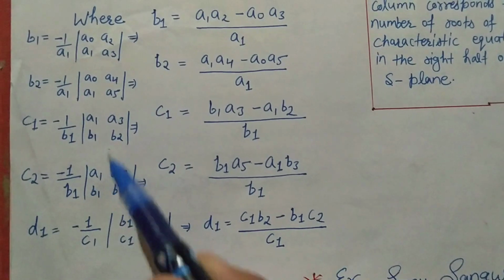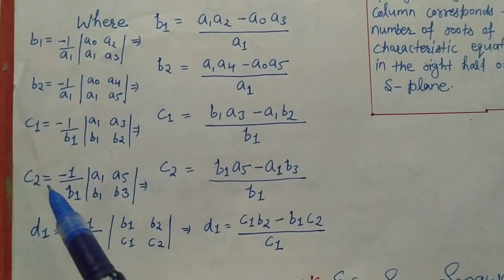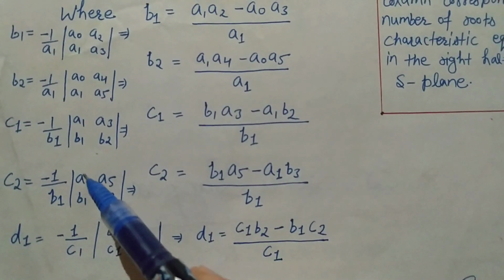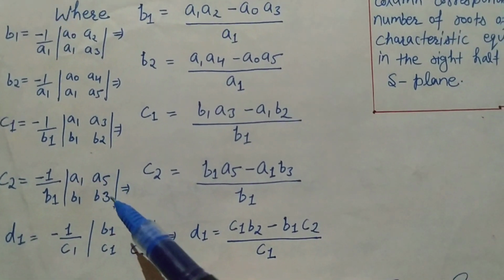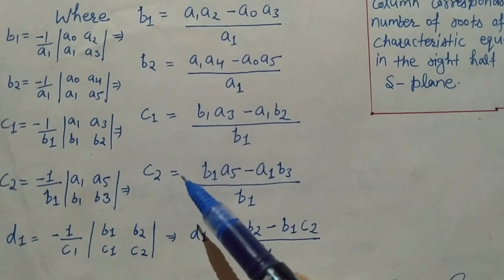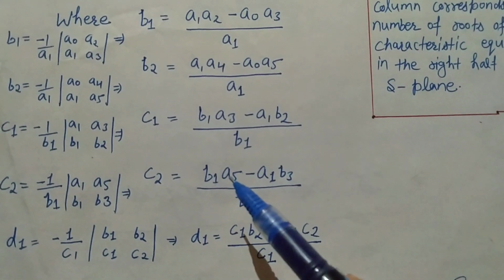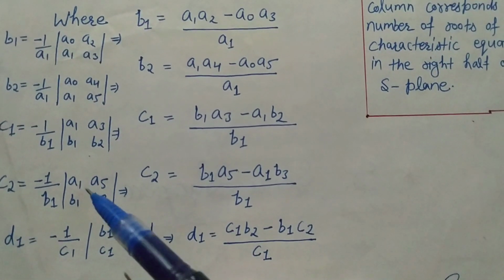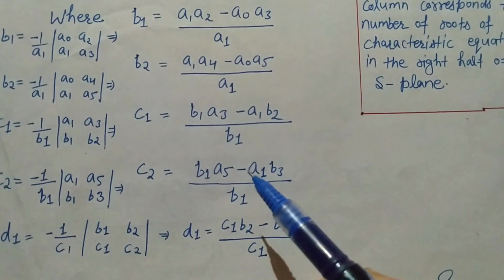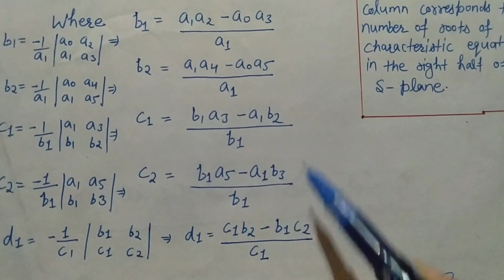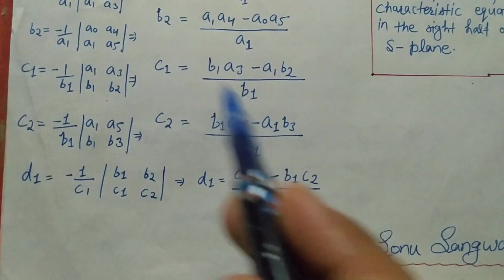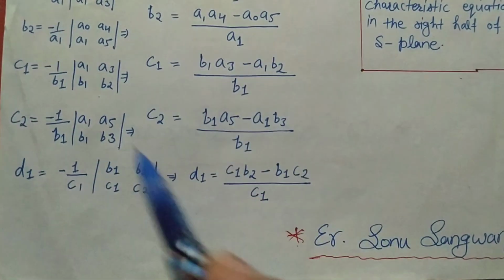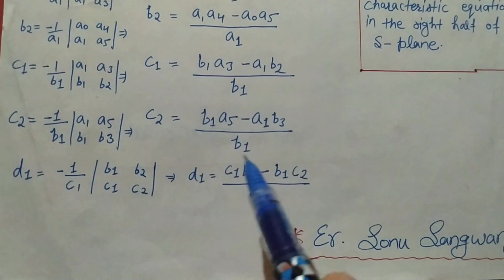Now we can find out c2. c2 is equal to minus 1 upon b1 and determinant of a1, b1, a5, b3. It means c2 is equal to (b1 a5 minus a1 b3) upon b1. This is the formula of c2. We can find out c2 by using this formula.